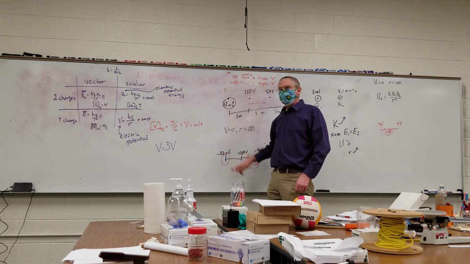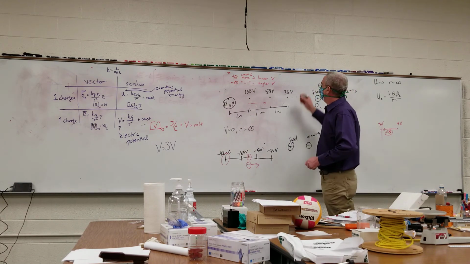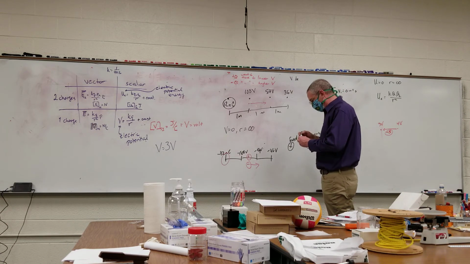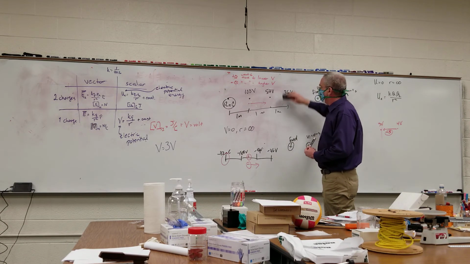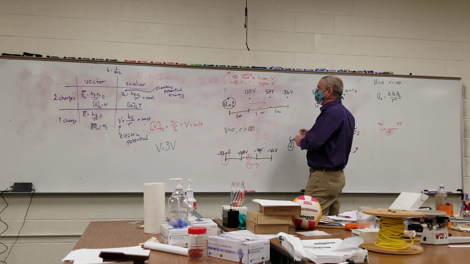So this is half of it. The other half of it is that potential decreases, and let's go for some stunning color. There's no purple over here, so let's do that one.